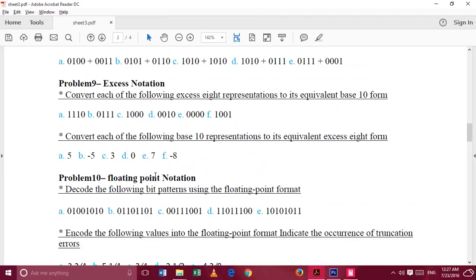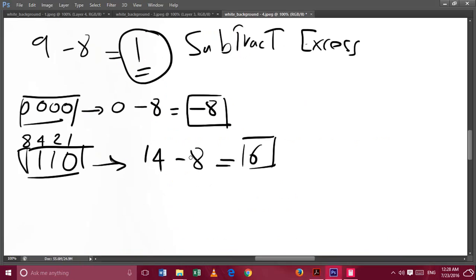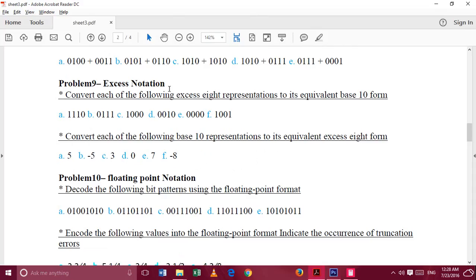So now we need to convert these decimal numbers to their excess 8 form. Now I know we're just talking about excess 8 here, but we need first to check how many bits excess 8 is.